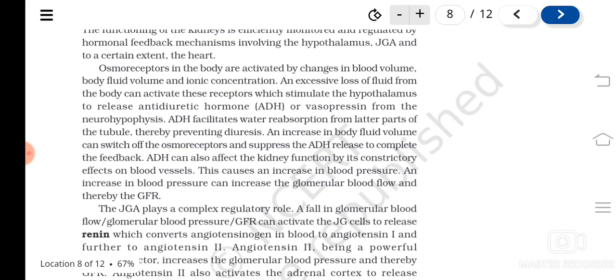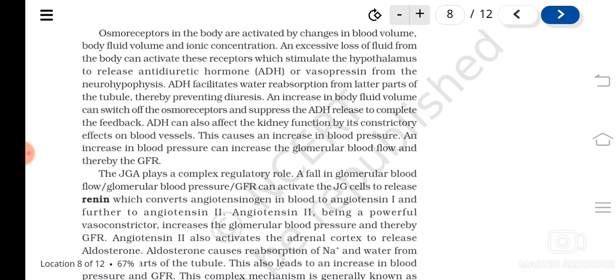If increased blood pressure is there, the glomerular filtrate volume also will increase, and thereby more urine will be produced. Understood? If ADH is there, more constriction will be there, and by this constrictory effect it can increase the blood pressure, and thereby the glomerular filtrate and the urine. Hope it is very clear.